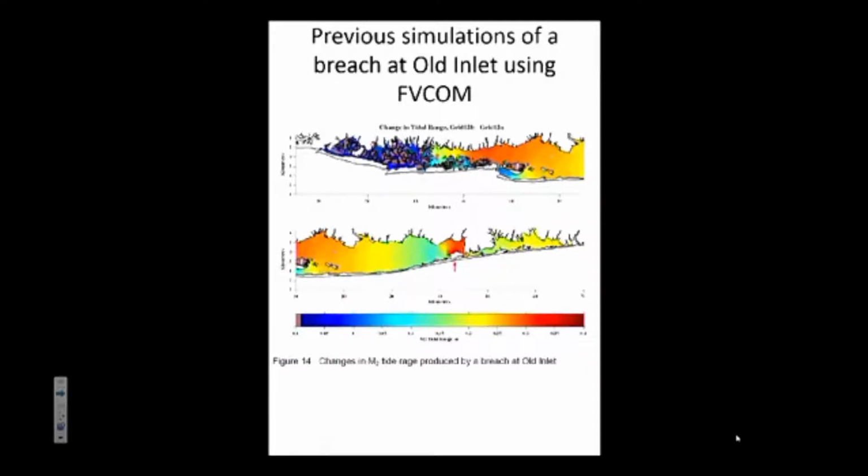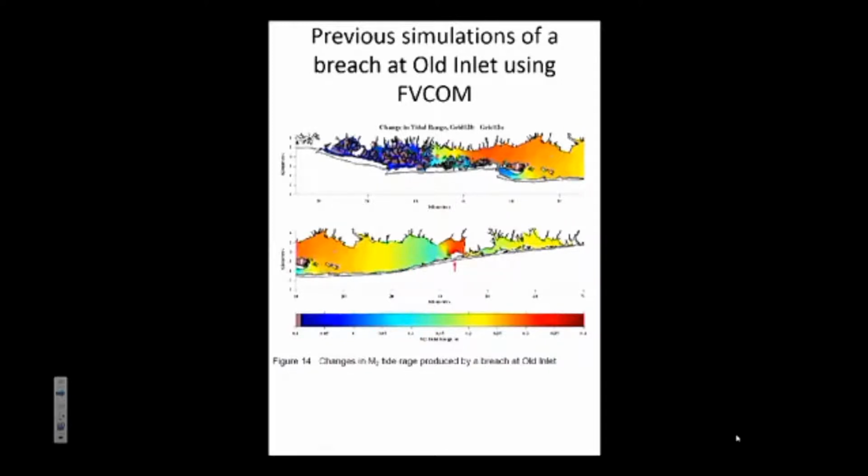The motivation for that project was really to look at the competing interests of the effects of a breach on flooding and storm surge versus the effects of a breach on possible water quality improvements. And this first picture, again, this breach is not really relevant to the breach we're looking at today. It had a cross-sectional area that was approximately 5 times that of the present-day breach.